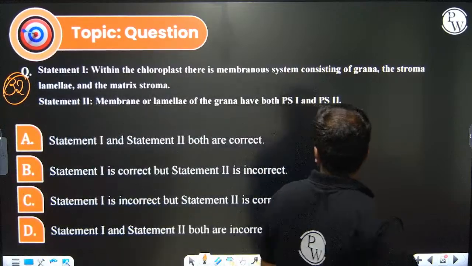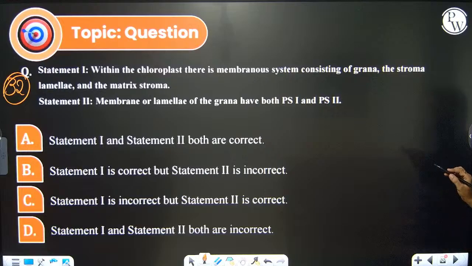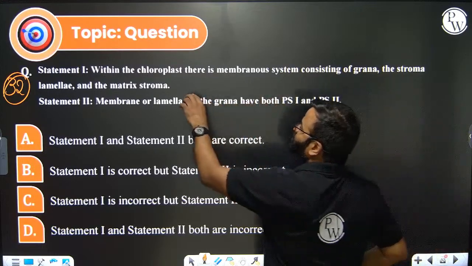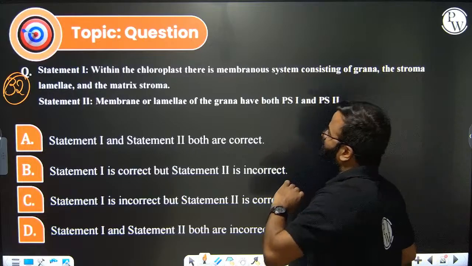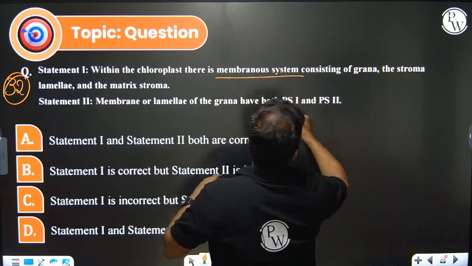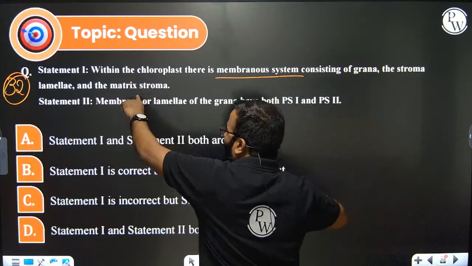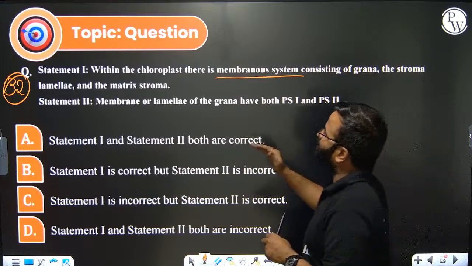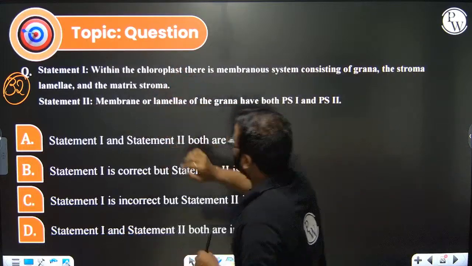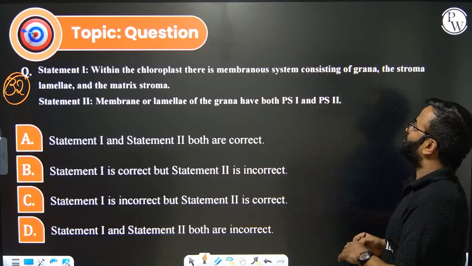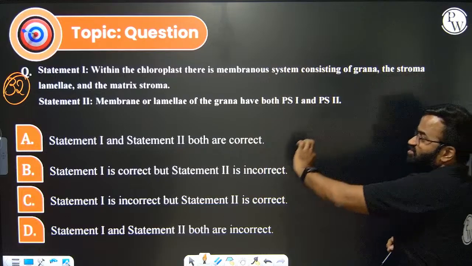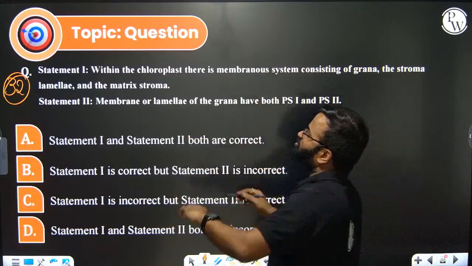Within the chloroplast, there is a membranous system consisting of grana, the stroma lamella, and the matrix called stroma. Many students will misread this statement. They think the membranous system consists of grana, stroma, and a matrix called stroma. No, what he's trying to say is that within the chloroplast there is a membranous system consisting of grana, the stroma lamella, and the matrix called stroma.